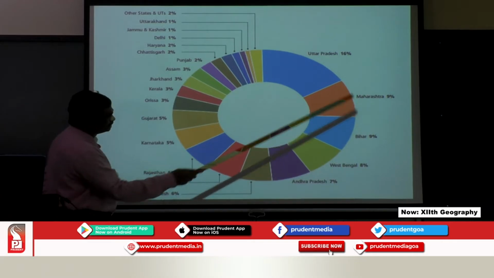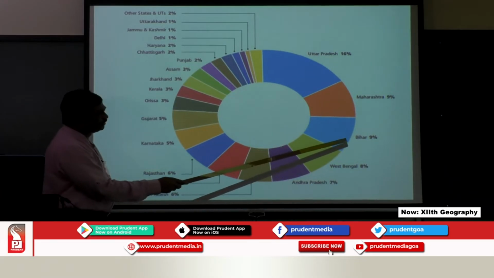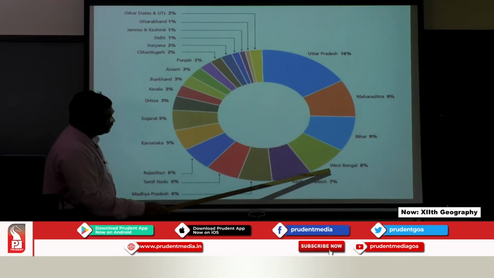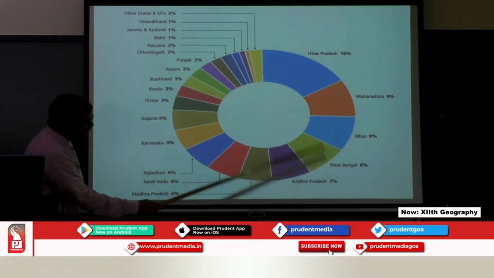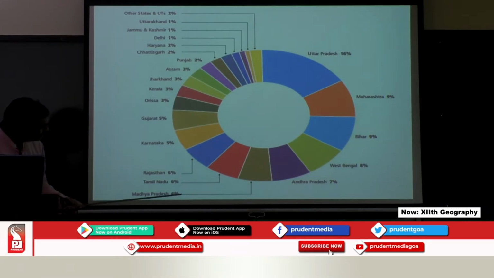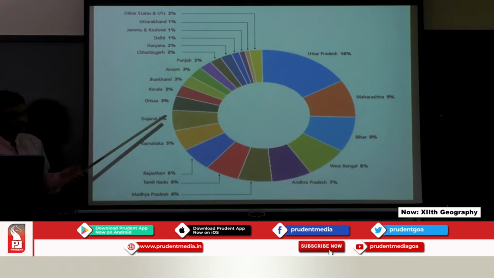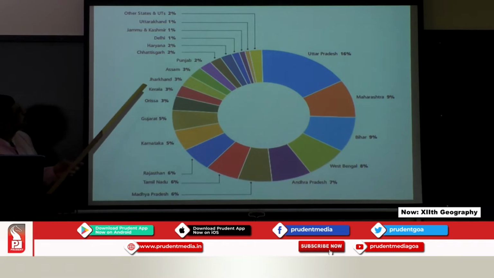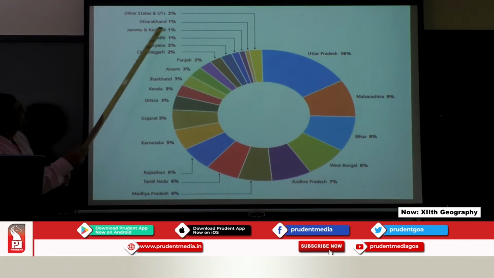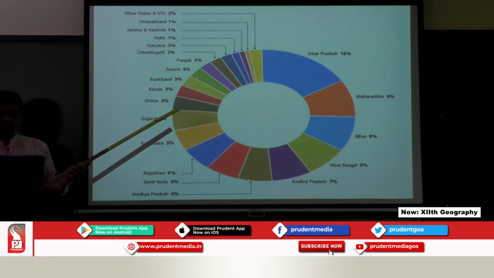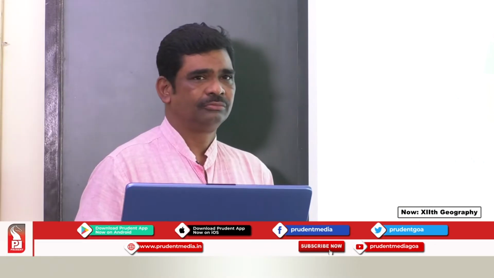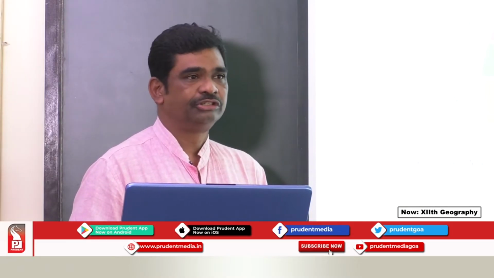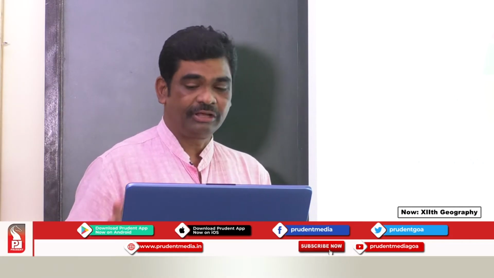Next state is Maharashtra, 9%, Bihar, 9%, West Bengal, 8%, Andhra Pradesh, 7%, and remaining states have less than 6% of India's total population. You can see here, Punjab only 2%, Uttarakhand 1%, Goa also has population less than 1%. This shows highly uneven distribution of population in a country.